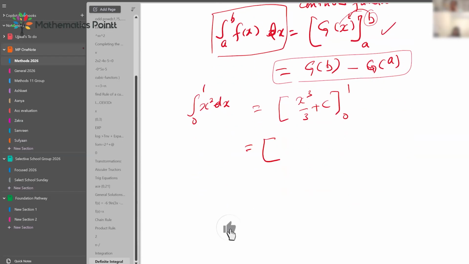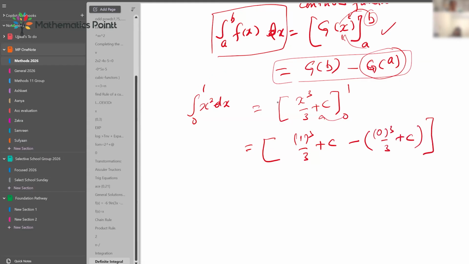Let's sub in 1 here first. So 1 cubed over 3 plus c. C remains c. Take away g of a. Please put a bracket because it's a negative, and it will have a knock-on impact. Anything which is negative becomes positive, anything which is positive becomes negative because you've got a negative outside. And I plug in a here, which means I plug in 0 here. 0 cubed over 3 plus c. And I just solve it now. Let's solve it.